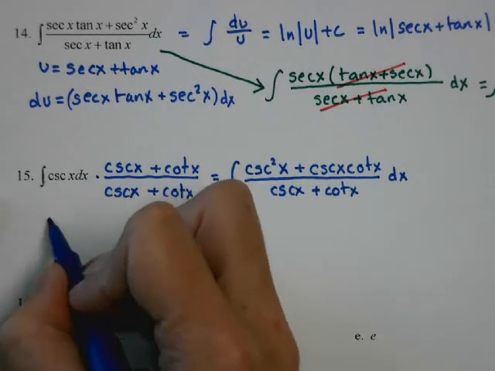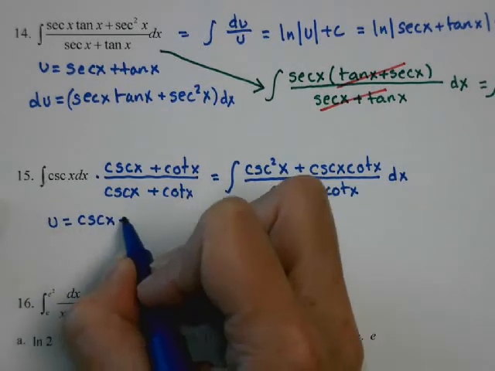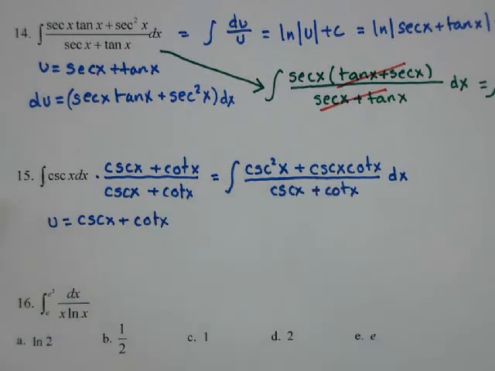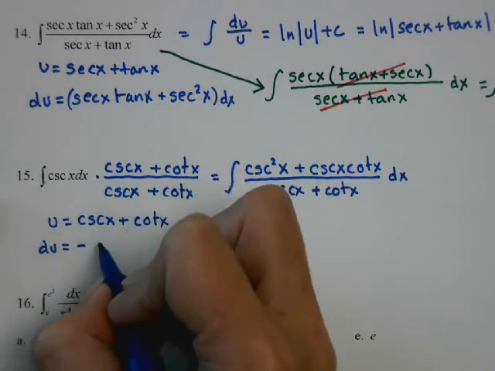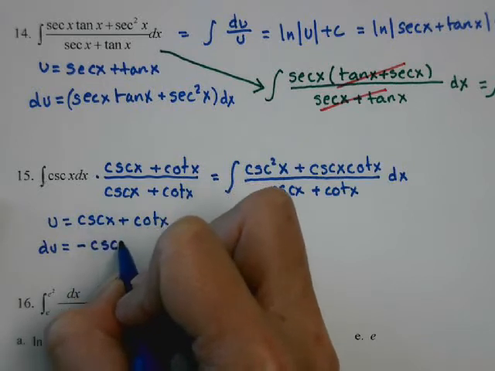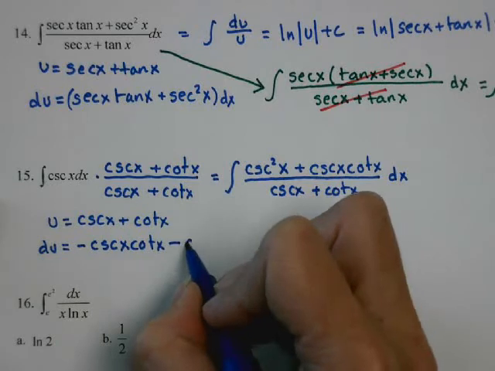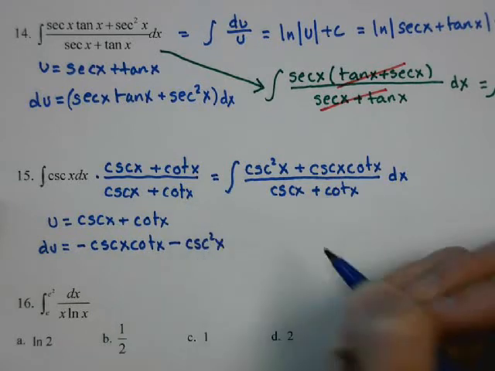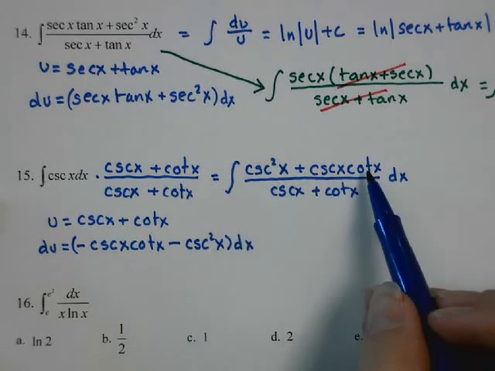Okay, so we'll let u equal cosecant of x plus cotangent of x. Du would then be negative cosecant x cotangent x minus cosecant squared x dx, which is what we have but just opposite.